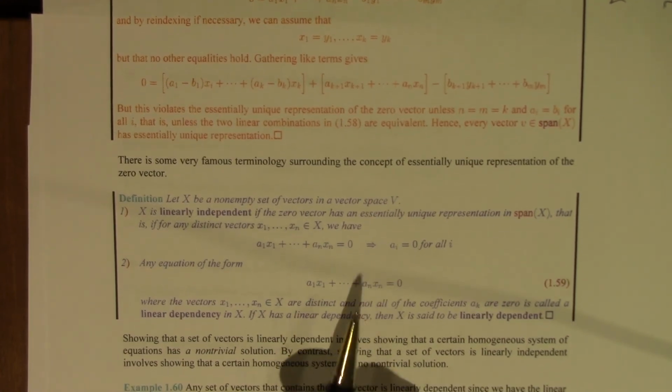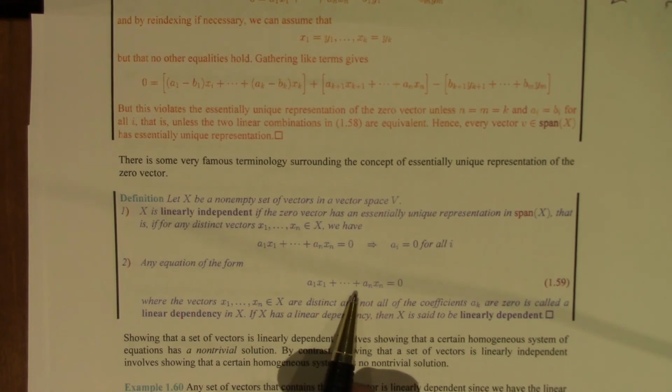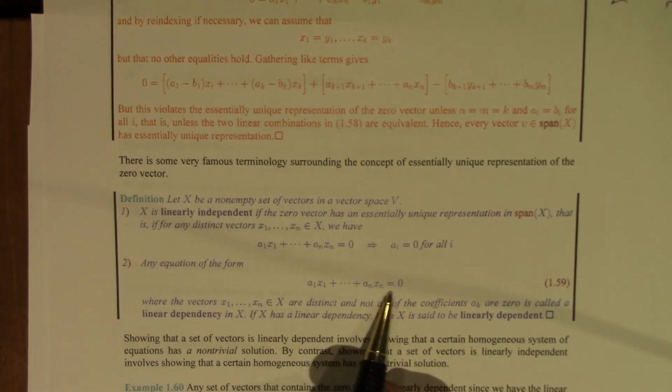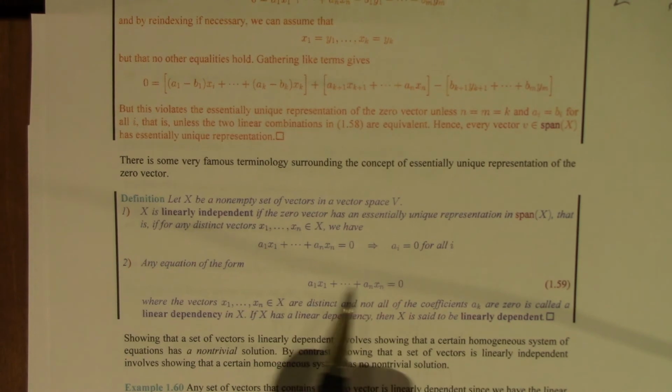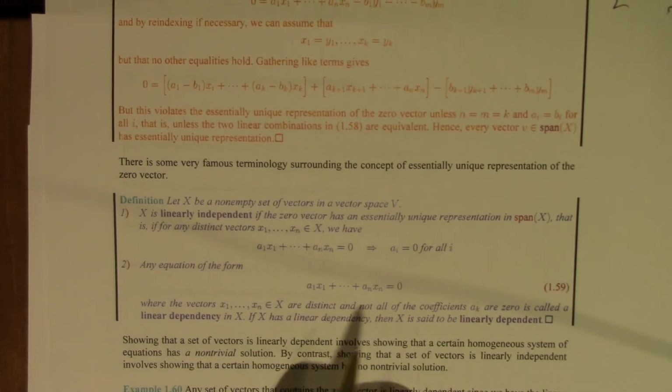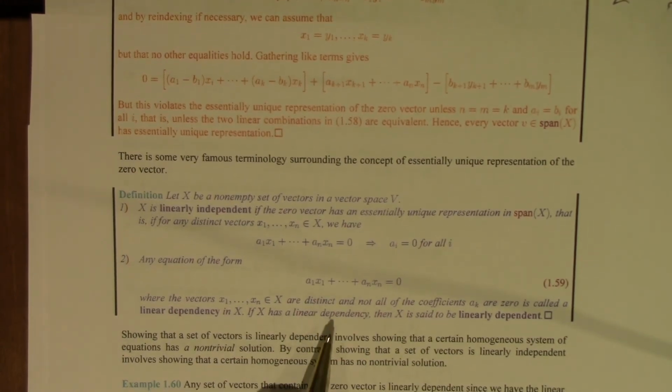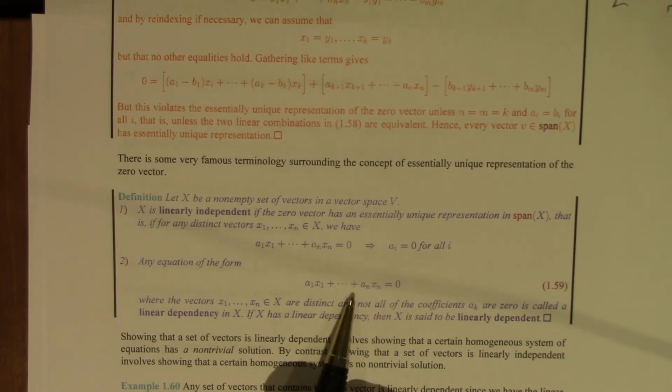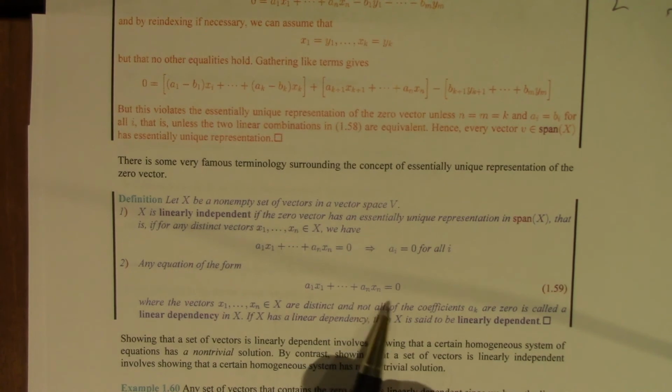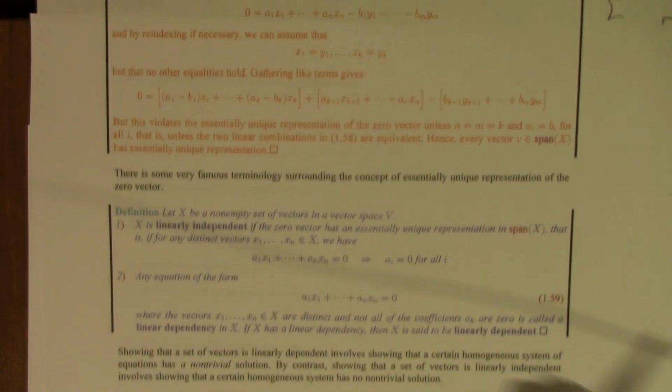This is called a linear dependency among these vectors, or just in the set capital X. If capital X has a linear dependency, then it's said to be linearly dependent.